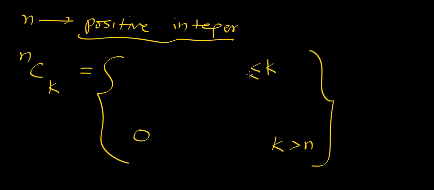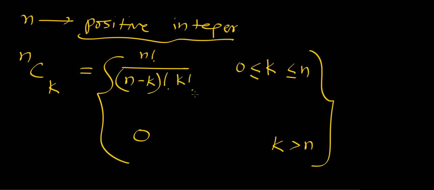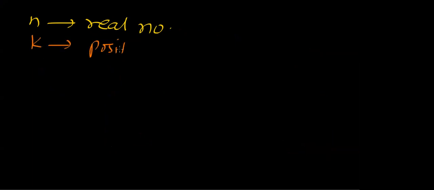If k is less than or equal to n, then it is n factorial divided by (n minus k) factorial times k factorial. This you already know when n is a positive integer. But in the generating function, you will see that this n can be any real number, and k is a positive integer.